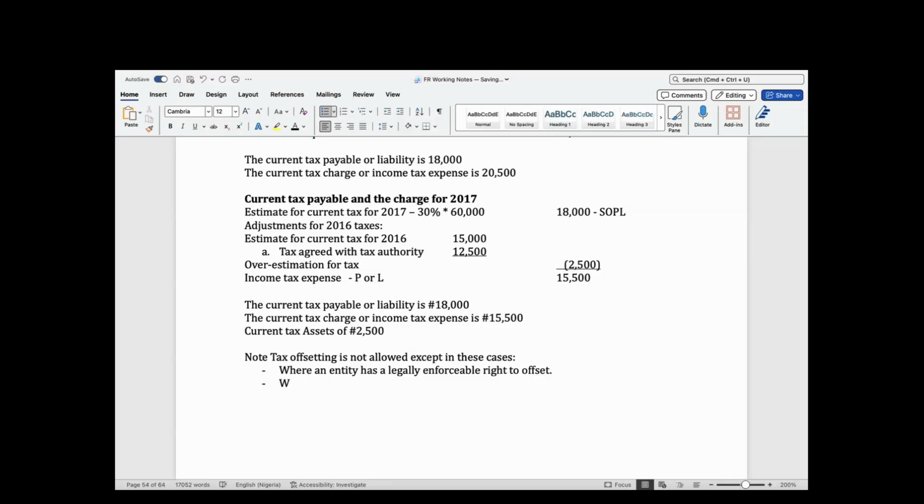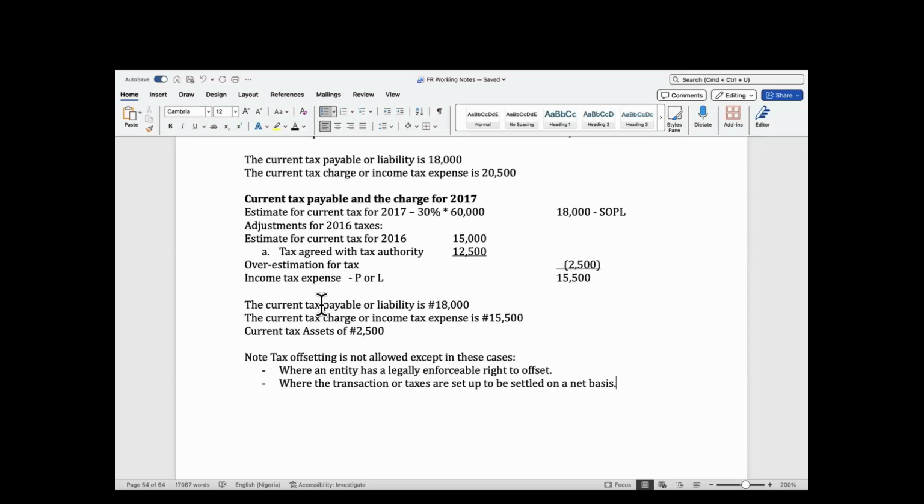So you have a legally enforceable right to offset, or where the transaction or taxes are set up to be settled on a net basis. So if you have agreed with the tax authority, whether you wrote them a letter and they have agreed that you can go ahead and offset or settle the net, there is documentation to that effect, then you can offset that.